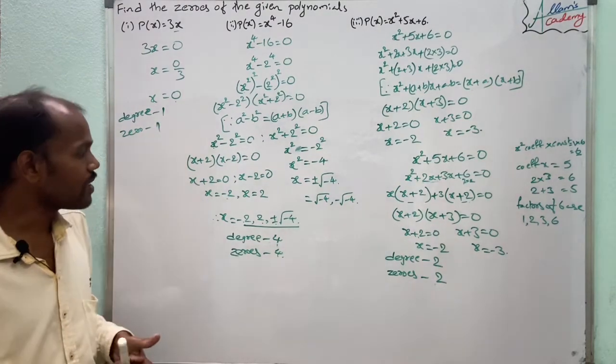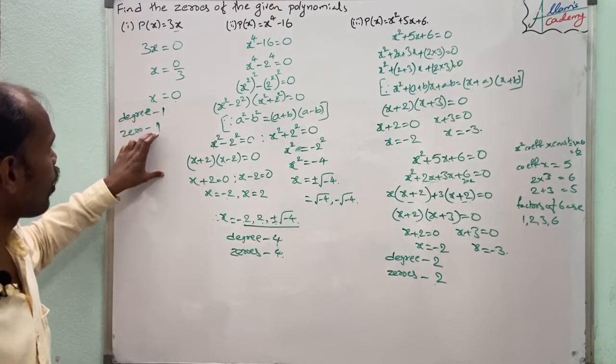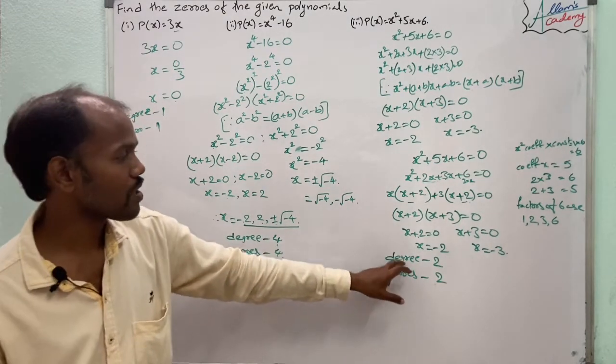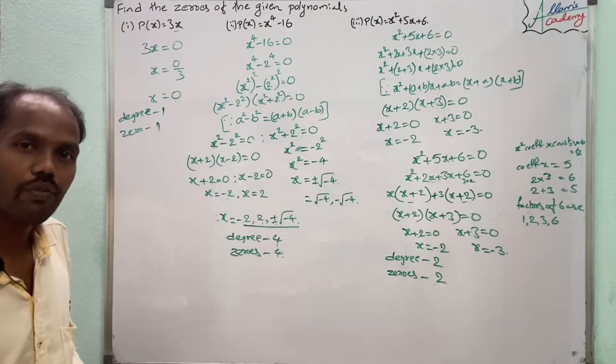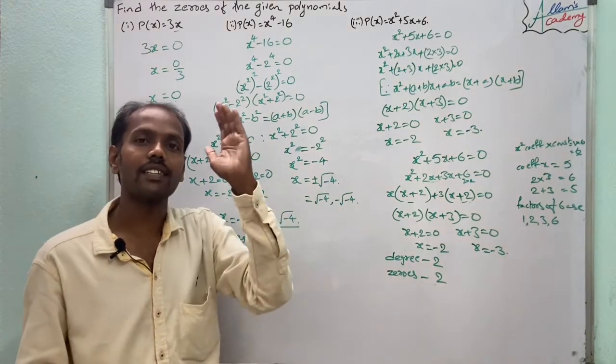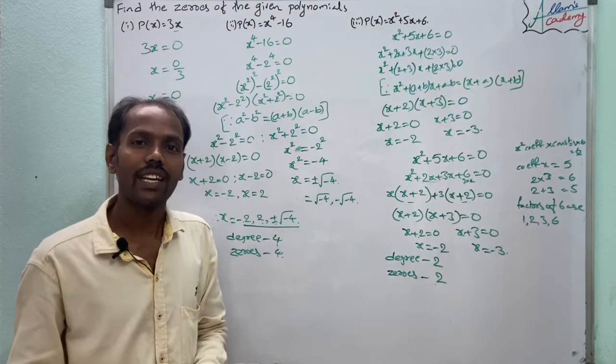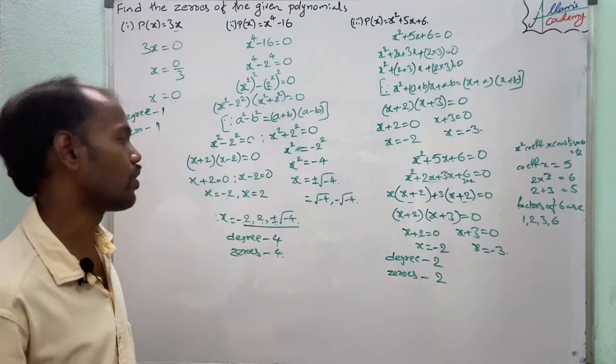From this information, if we observe, the degree is how much, that many zeros we are getting here. So from this we conclude that a polynomial that has a certain degree needs that many zeros.